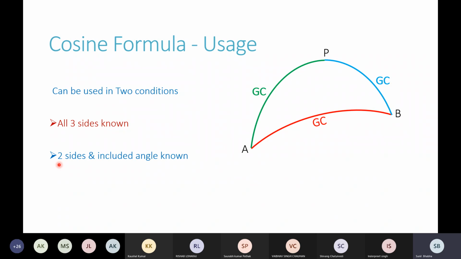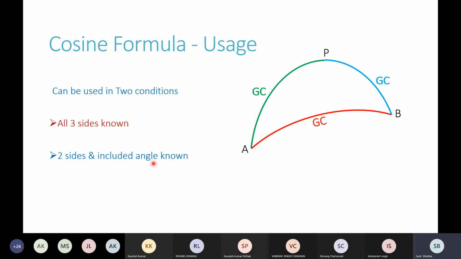Now the second condition or scenario in which cosine formula can be applied is when we know any two sides of the spherical triangle and, very, very important, the included angle known to us. What do we mean by the included angle?